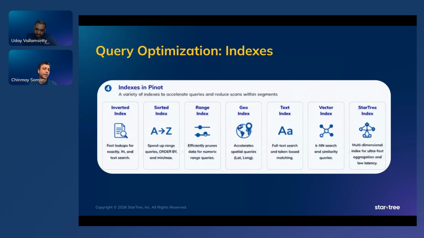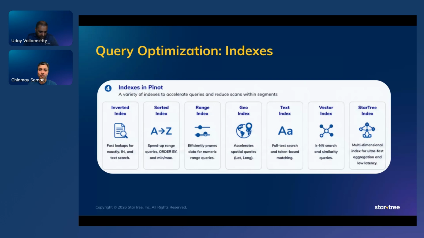This helps in lookup use cases, and anywhere with range query scans can be accelerated using these indexes. We also have a geospatial index. If you're using geometry, finding a point and polygon style queries, those are accelerated using the H3 GeoIndex. Similarly, we have a text index and JSON index for unstructured data.